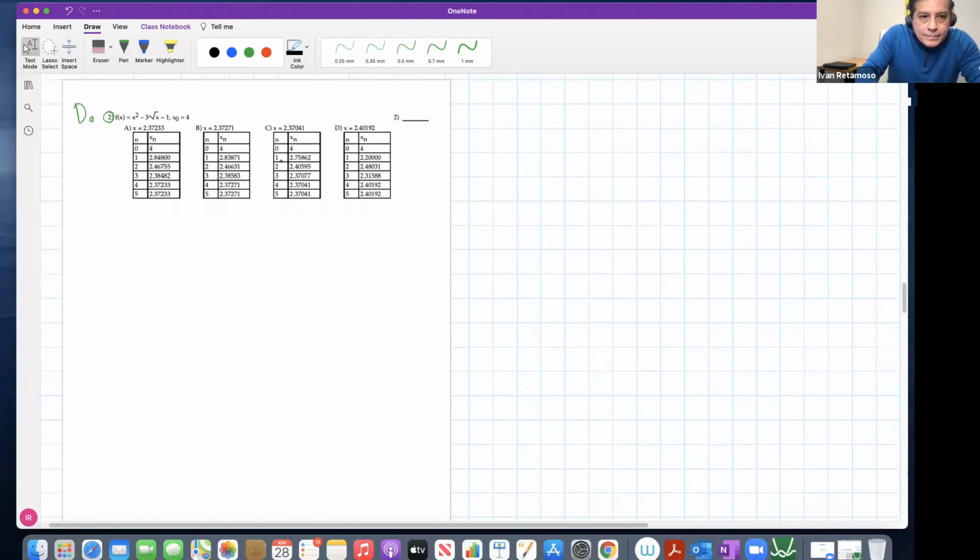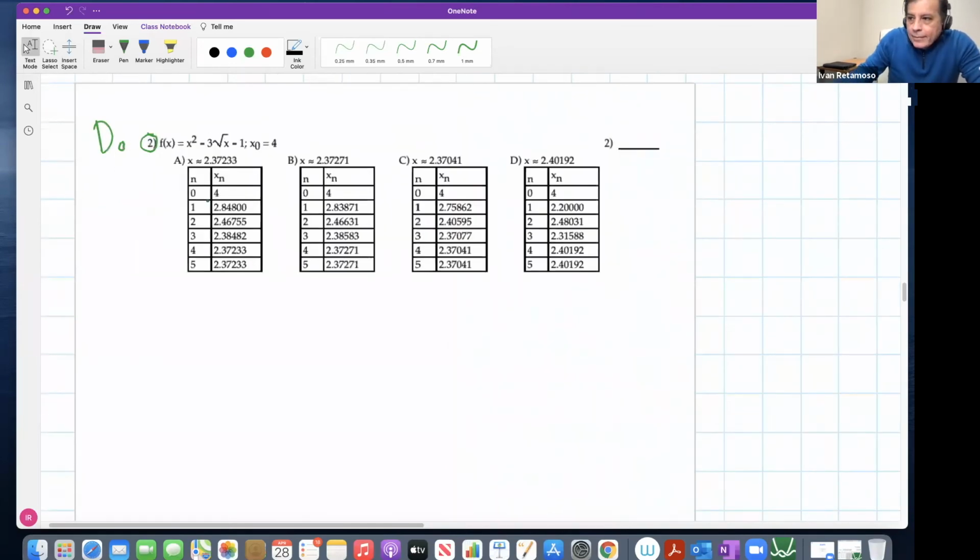Start by writing out your x n plus 1 as xn minus f of xn over f prime of xn, right? And they give you the first guess is 4. So start with 4.